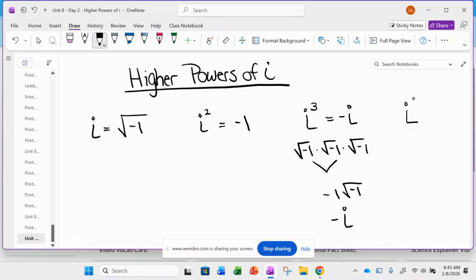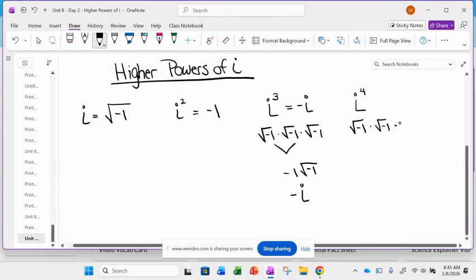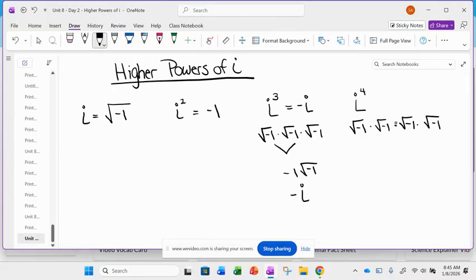And then we have i to the fourth power. Well, i to the fourth power is the square root of negative 1 times the square root of negative 1 times the square root of negative 1 times the square root of negative 1. Well, square root of negative 1 times square root of negative 1 is negative 1. Square root of negative 1 times the square root of negative 1 is negative 1. And what's negative 1 times a negative 1?